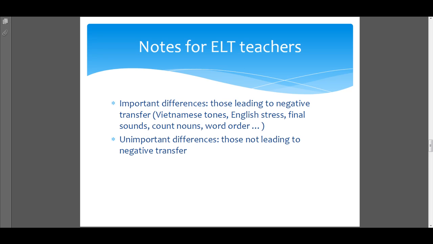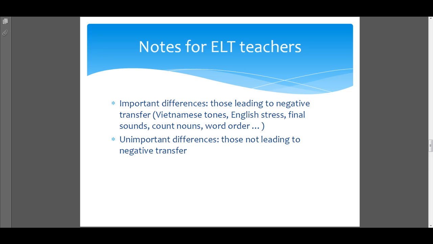For unimportant differences, differences that do not really lead to negative language transfer, we don't need to spend time explaining them either. For example, in English, we use question tags a lot, and in Vietnamese, it's quite rare for us to use question tags.